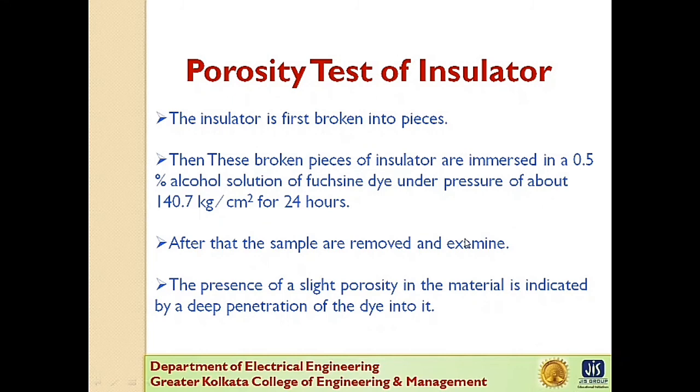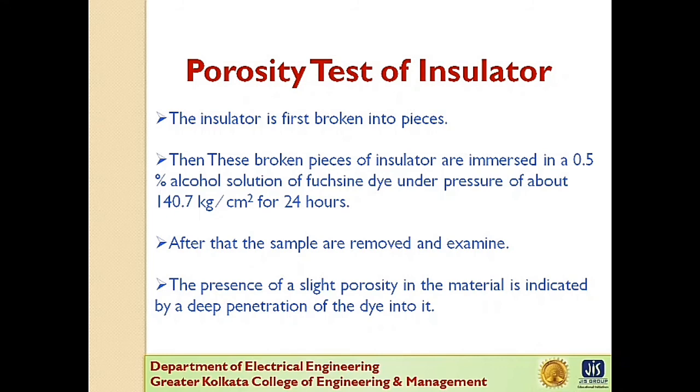Next one is the porosity test of the insulator. In this test, a freshly manufactured insulator sample is broken into pieces. These pieces are then immersed into 0.5 to 1% alcohol solution of fuchsin dye under pressure of 150 kg per centimeter square for several hours, say 24 hours.